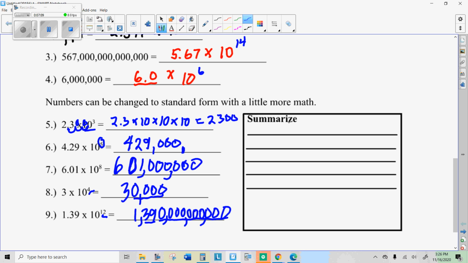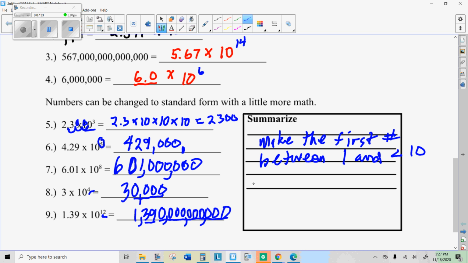But summarizing, basically, I'm going to just say, make the first number between 1 and 10. Can't be 10, has to be less than 10. Between 1 and less than 10. Okay?